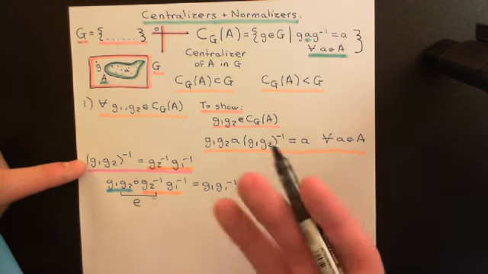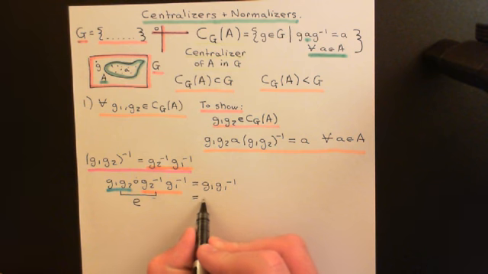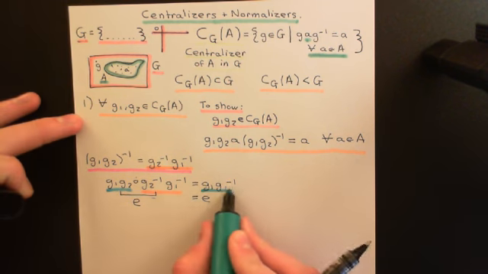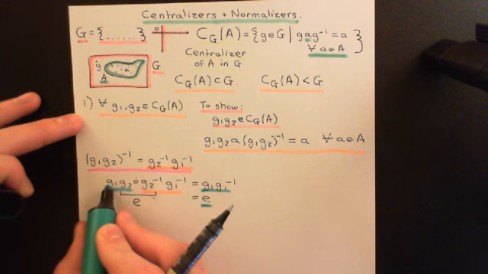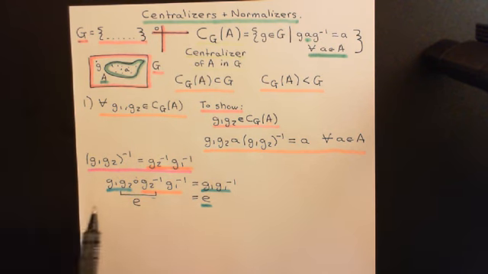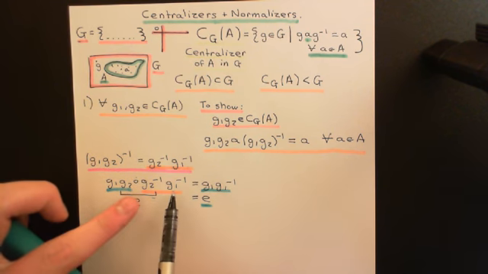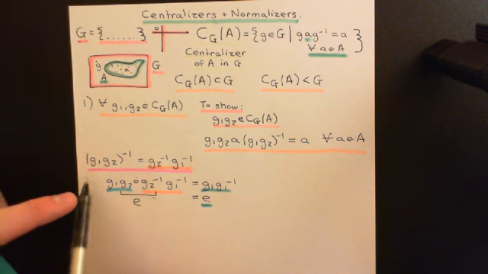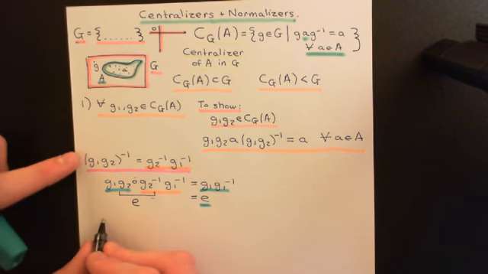And then of course g1 g1 inverse is just going to equal the identity, because g1 and g1 inverse are each other's inverse by the very definition. So this is equal to the identity, so that means that the entire thing is equal to the identity. So what I've just shown you is that if I compose g1 composed with g2 with g2 inverse g1 inverse this way round, I get the identity.